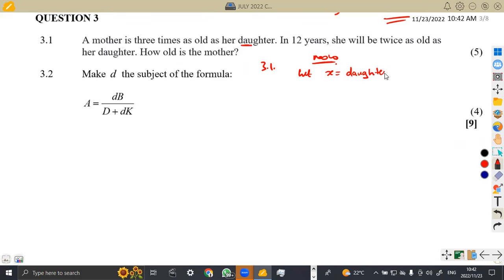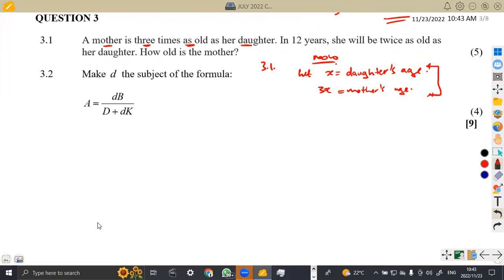Since we now have the daughter's age in terms of X, now we can refer to her mother in terms of X, because we are given that the mother is 3 times as old. So the mother is going to be 3 times X, which is 3X. So 3X will be equal to the mother's age for that moment. All right, so this is a situation that is happening currently, like for now.